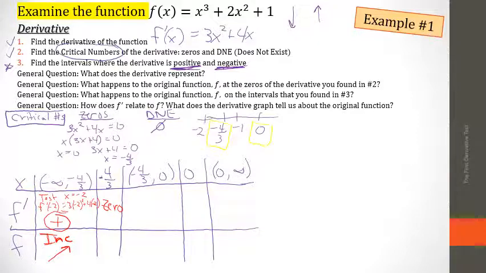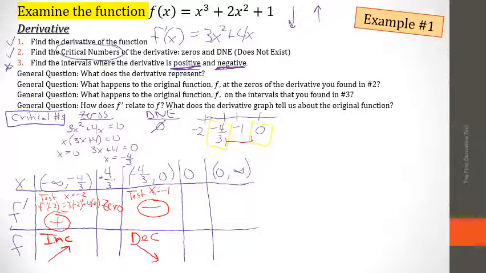Between negative 4/3 and 0, I tested x equals -1 because that's in that interval. See how that's between negative 4/3 and 0, -1. And I found that the derivative was negative. So if the derivative is negative, that means the original function is decreasing. If your slope is negative, your original function is decreasing.